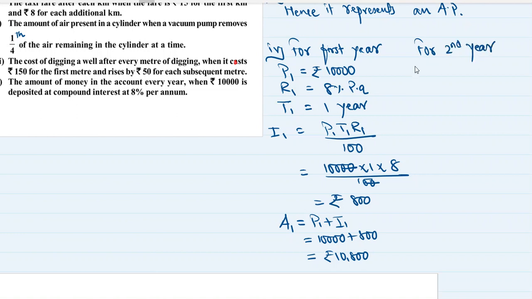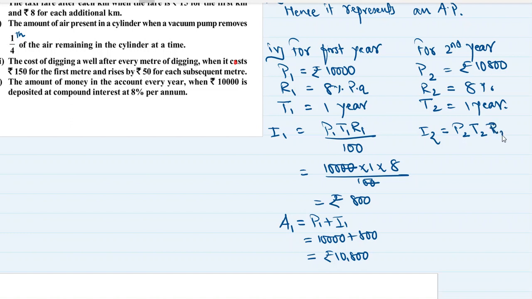Now for the second year, P2 is equal to rupees 10,800, R2 is again 8%, and T2 is 1 year. I2 is P2 into T2 into R2 upon 100, which is 10,800 multiplied by 1 multiplied by 8 upon 100.